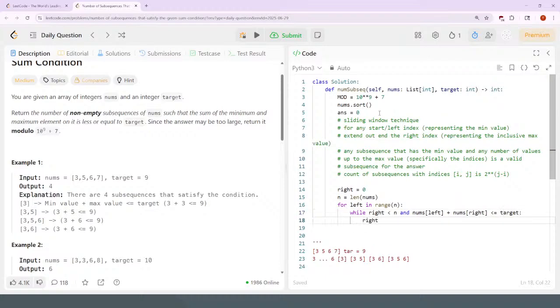Right. Actually, let me think about this. So the first thing, 3 matches with 6, and then 5 matches with something less than 6, right? 5 can't even match with anything. 5 matches with itself, really.